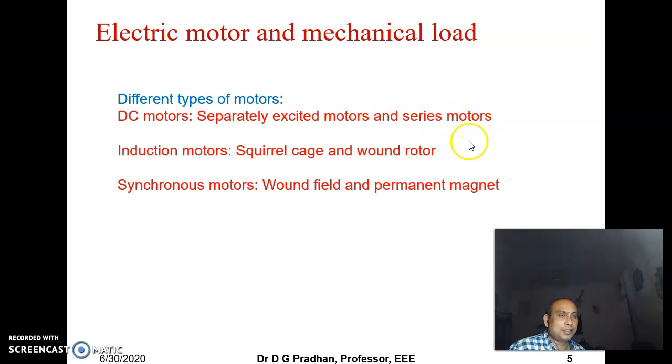Coming to AC motors, we have the induction motor and the synchronous motor. In induction motors, we will control the speed of the squirrel cage induction motor and slip-ring induction motor. The synchronous motors are the wound field type and the permanent magnet type.